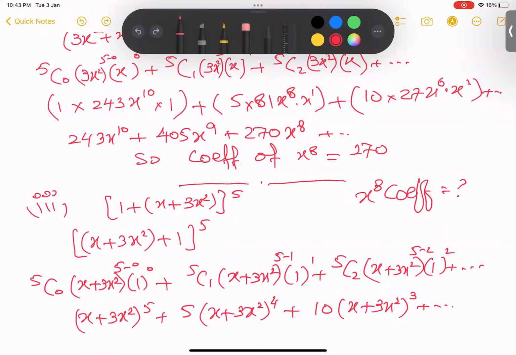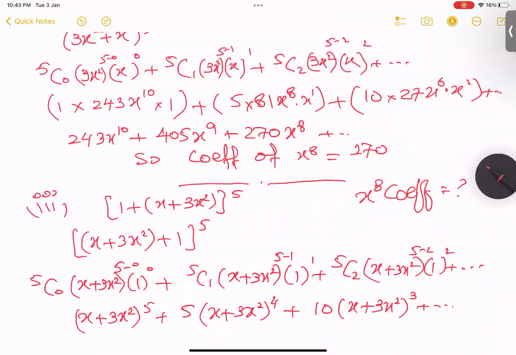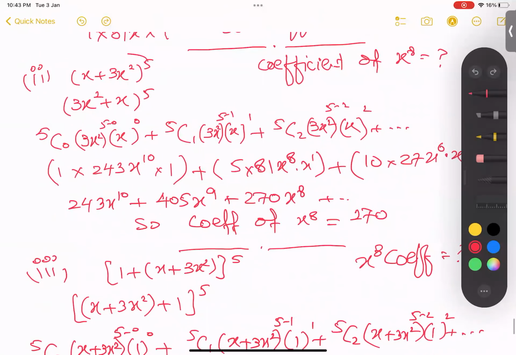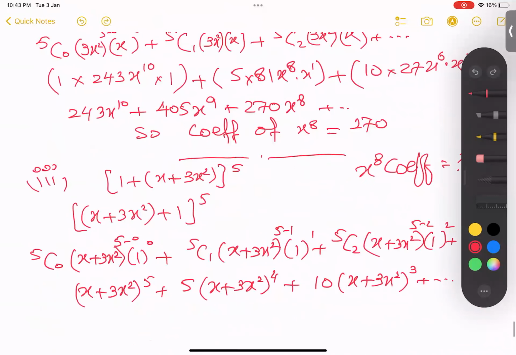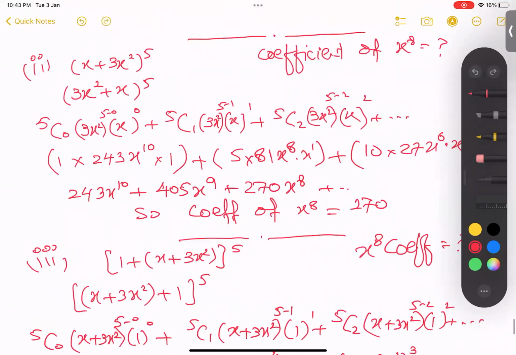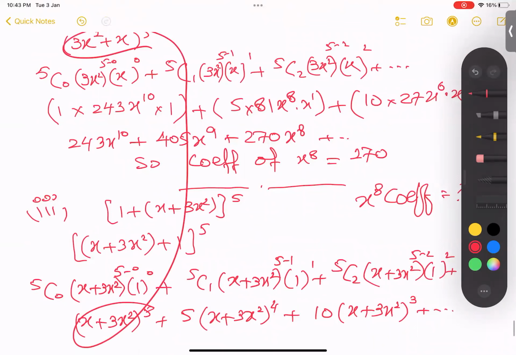But check it again, we just expanded this up here. I'm showing once again. This x power 5 I just expanded here. So I will not waste my time. I will simply write this because it's the same as that. So this is the same powers.